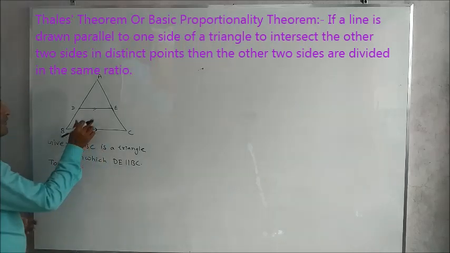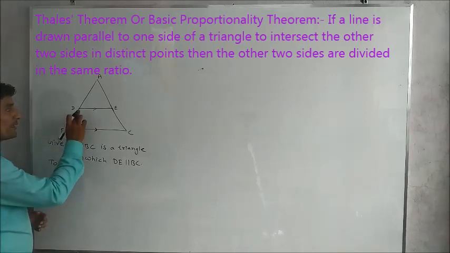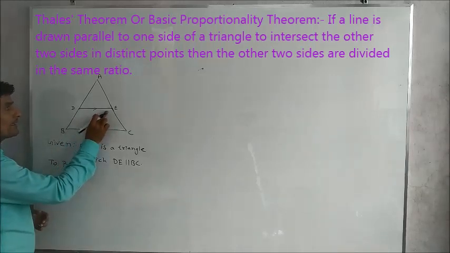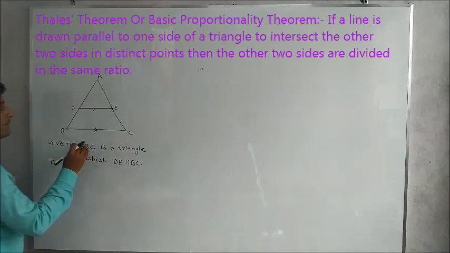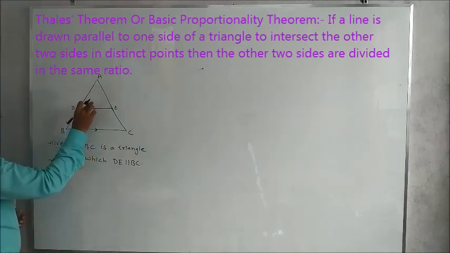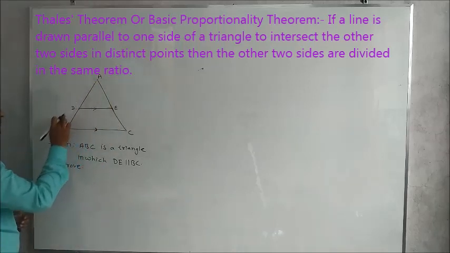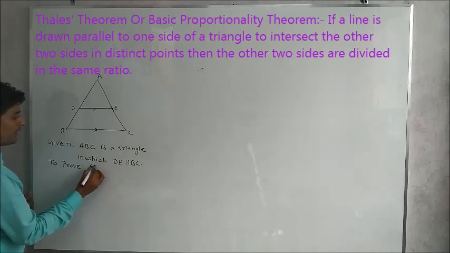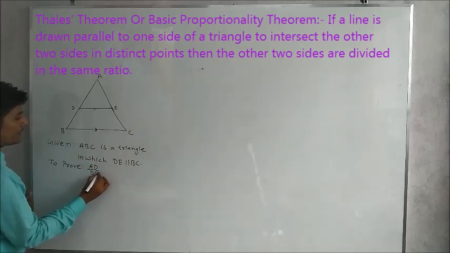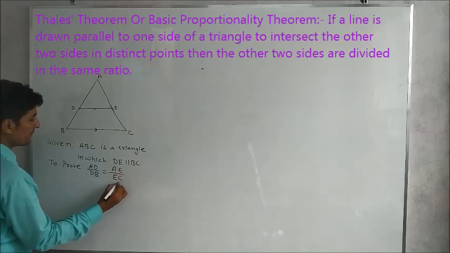In a triangle, if a line is drawn parallel to one side to intersect the other two sides at distinct points, then the other two sides are divided in the same ratio. This side and this side are divided in the same ratio, AD upon DB equals AE upon EC. So we write here AD upon DB is equal to AE upon EC.